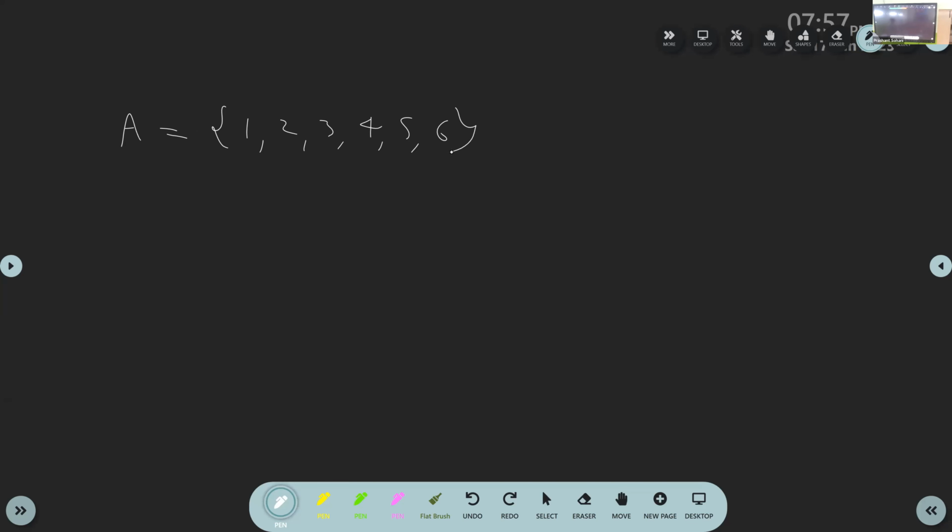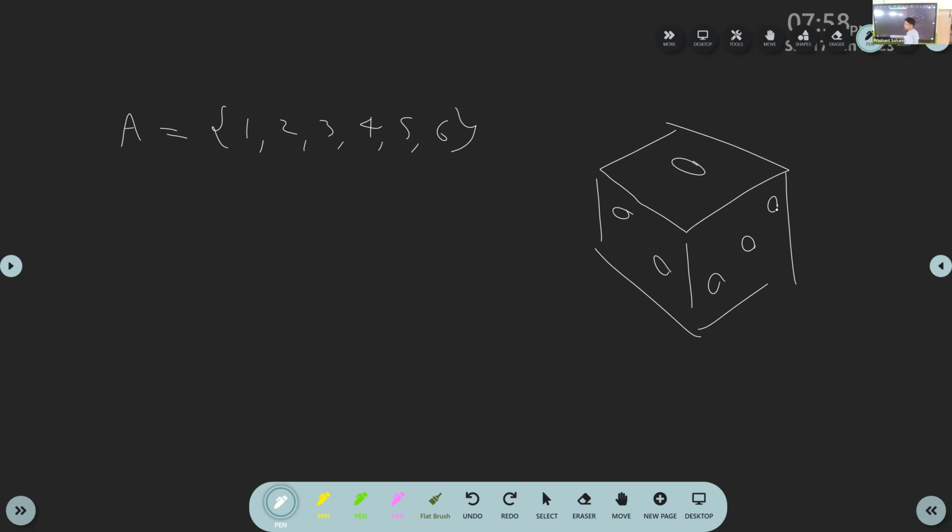When you throw a die, you get a number from 1 to 6. So every time you throw a die, you're going to get one number out of this set, right?